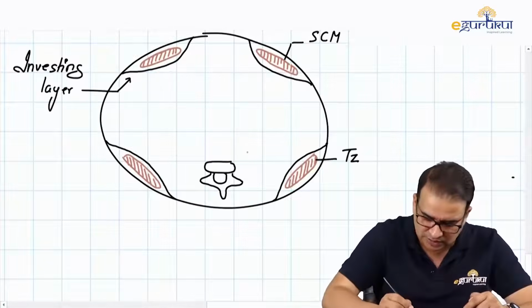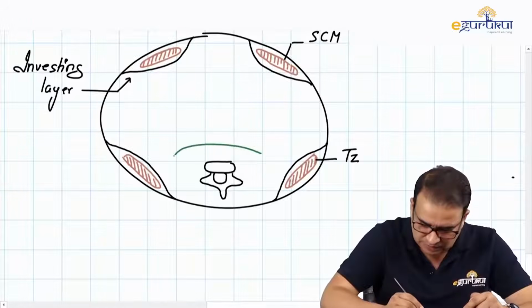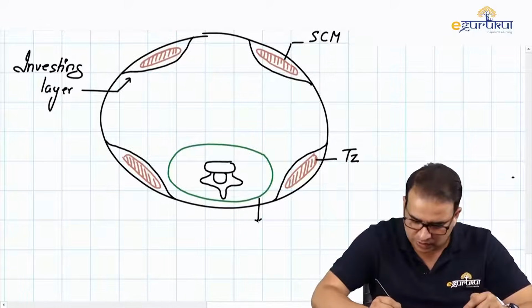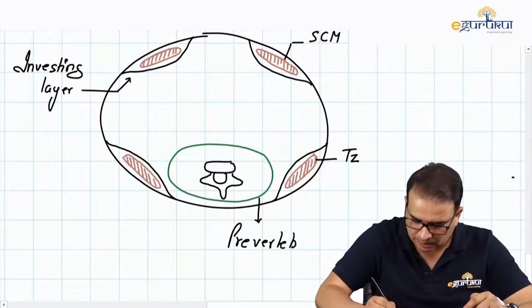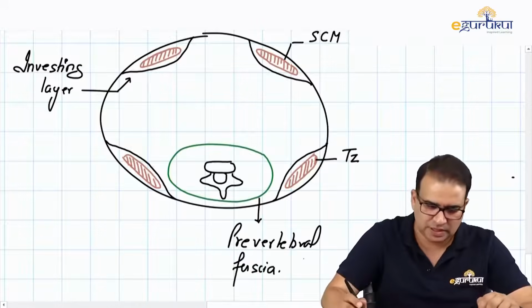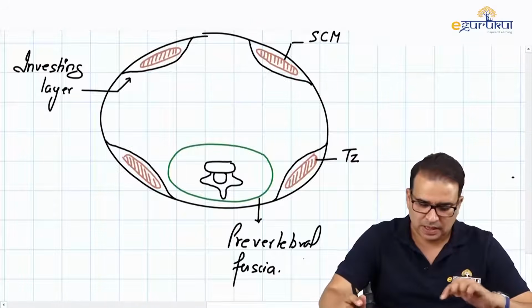So the fascia that you see covering the prevertebral muscle all the way around here, this here is the prevertebral fascia. That fascia there is called a prevertebral fascia.